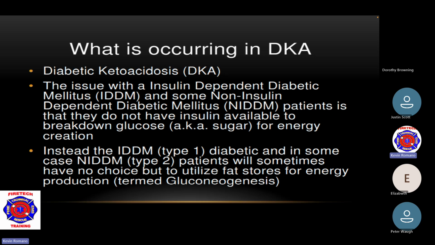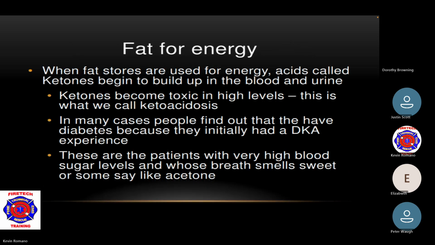The term is gluconeogenesis. So fat for energy. When fat stores are used for energy, acids called ketones begin to build up in the blood and urine. Ketones become toxic in high levels, and this is what we call ketoacidosis.